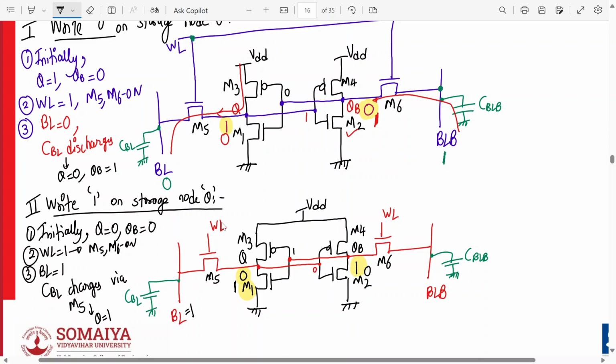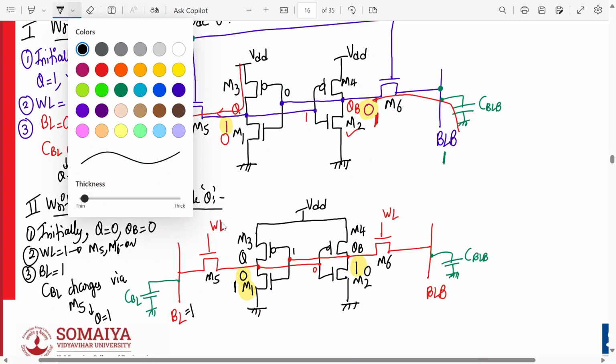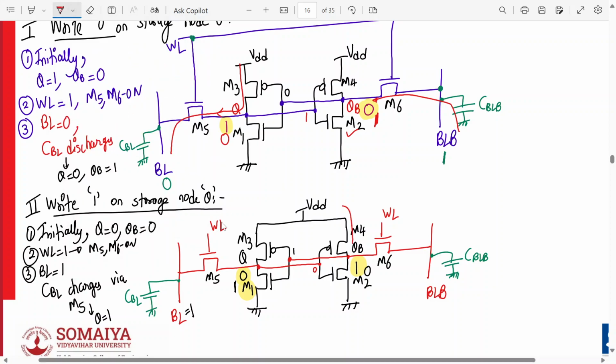Because over here what is happening? Your capacitor is discharging, right? Because this is becoming 0, it will discharge via this part. See, like this. So the node voltage QB will fall down and become 0, and here the node voltage will rise. The CBL will charge via M5 and the node voltage Q will increase from 0 to 1, and the node voltage QB will fall from 1 to 0.